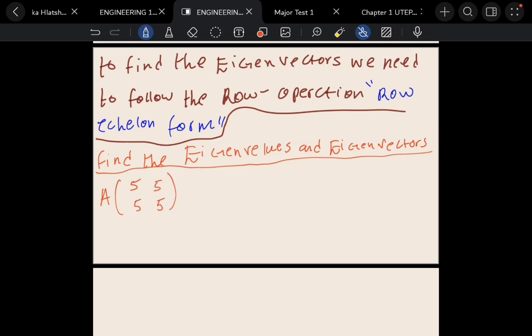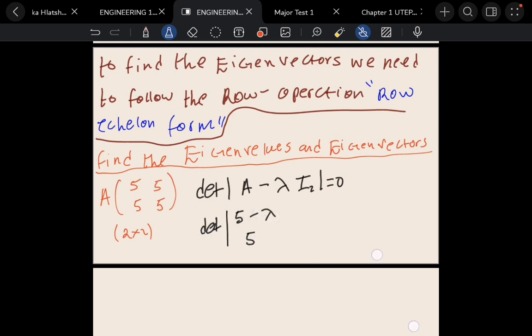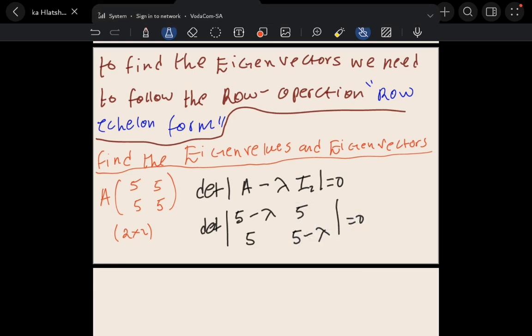To find the eigenvalues, I need to say the determinant of A minus lambda I2. Why is it I2? Because the order of this matrix is 2 by 2. So the next step must be the determinant of 5 minus lambda, 5, 5, and 5 minus lambda is equal to 0.